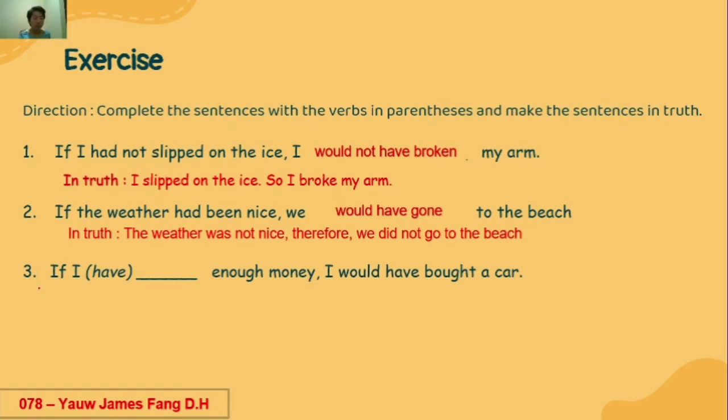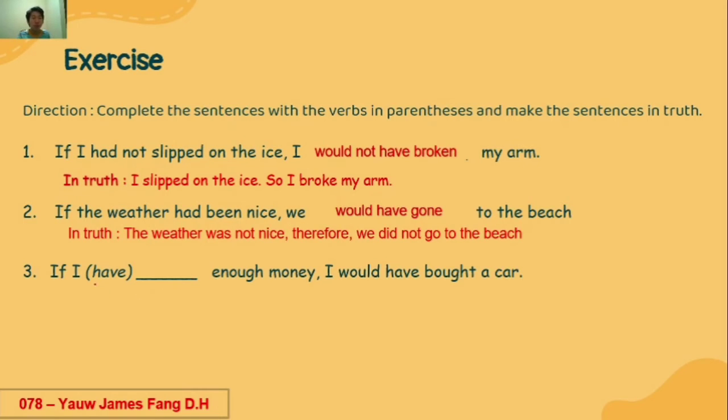And number 3, if I blank not money, I would have bought a car. Okay, we look, on the left side is the if clause. The grammar of the if clause is if plus subject plus past perfect. Past perfect is had plus past participle.